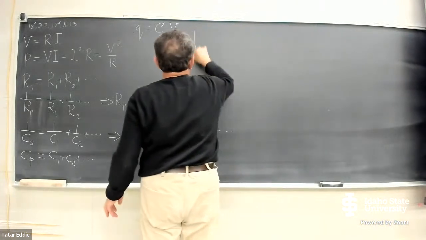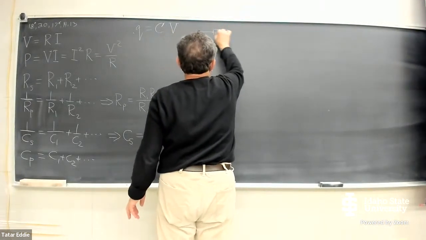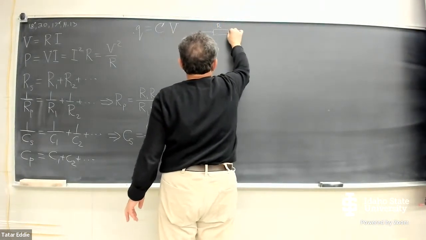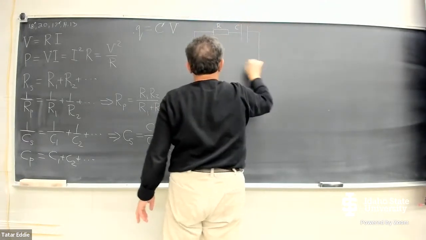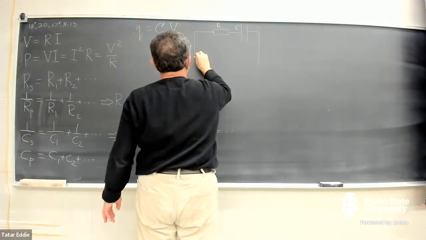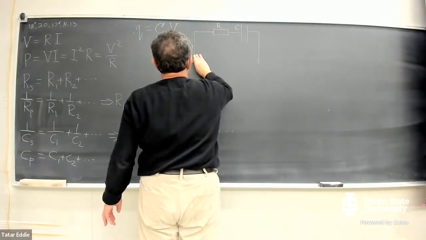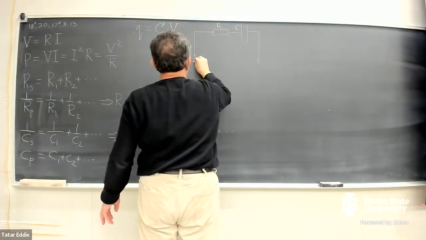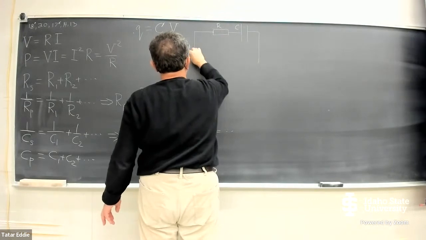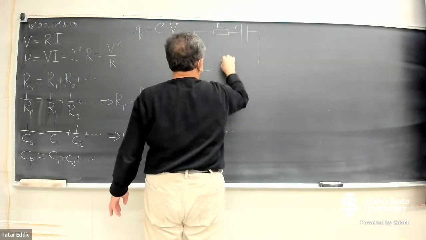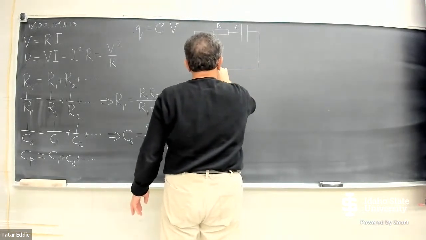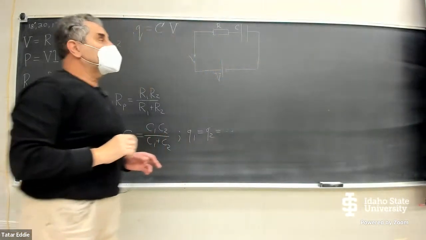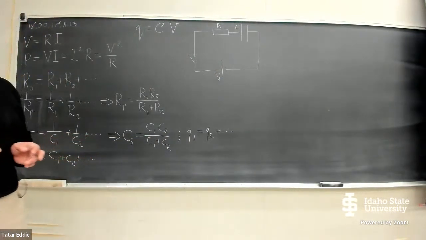So let's say here is a circuit, here is the resistor with resistance R, here is a capacitor with capacitance C, and you may have some switch that closes the circuit like this, and a battery with voltage V. How does a circuit like this behave?